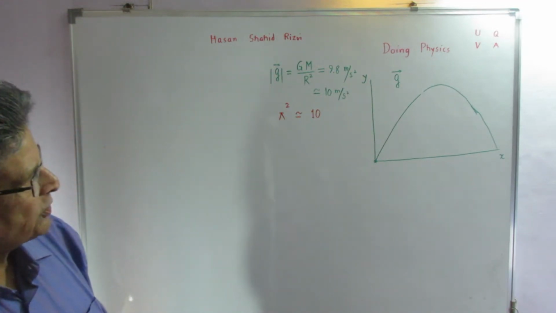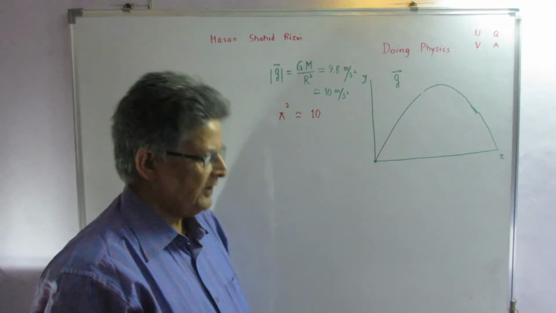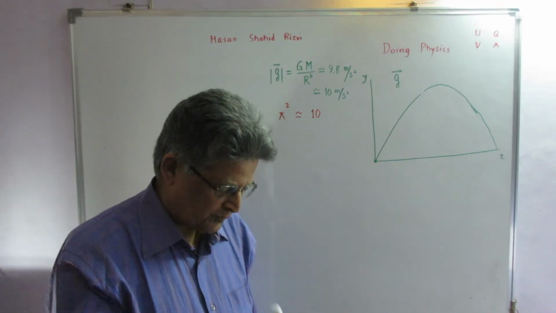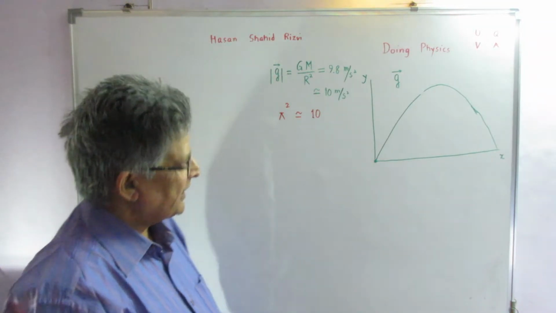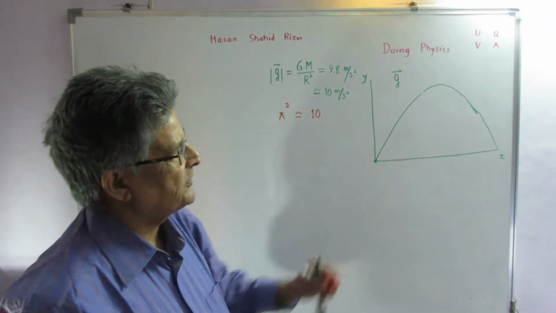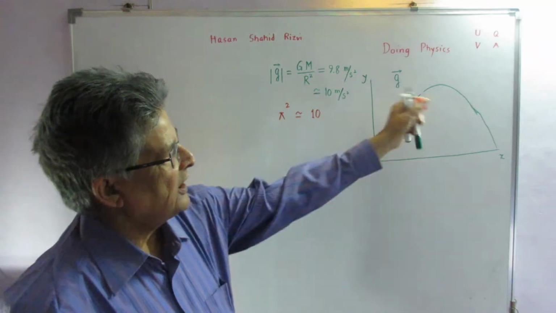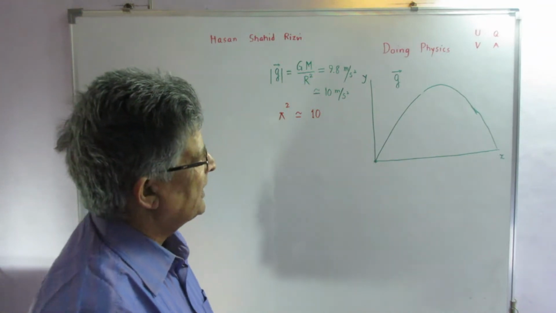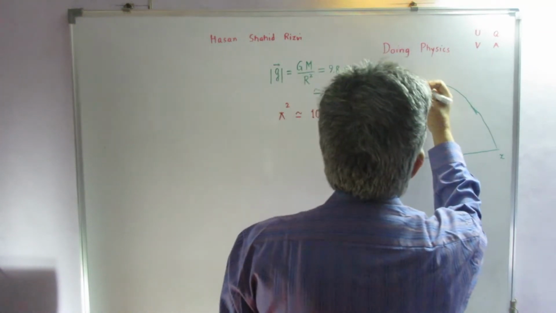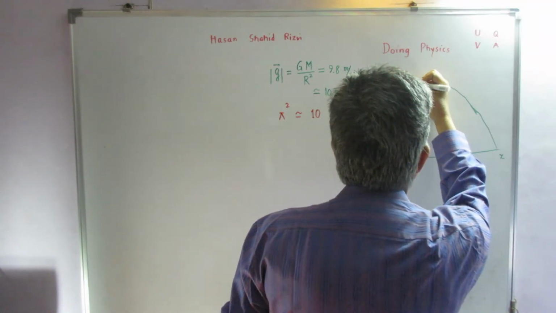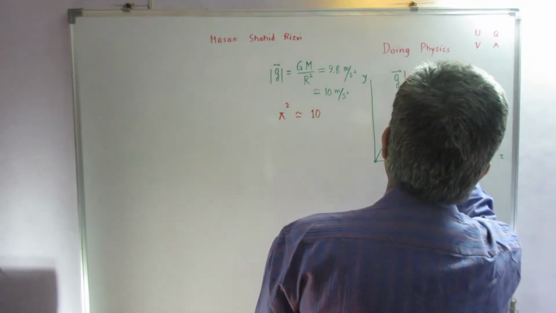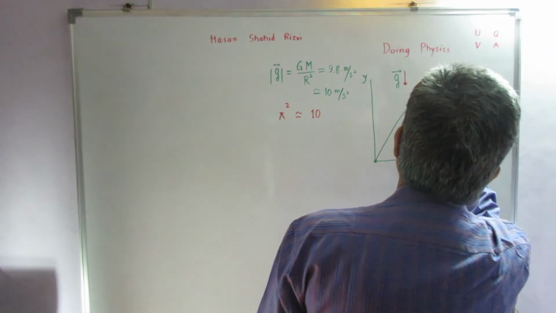The other thing about g is that it is always pointed towards the center of the earth. Therefore in this picture which we have taken here, for the projectile moving like this, the direction of this g vector is always taken like this.